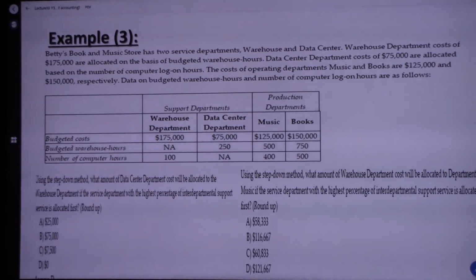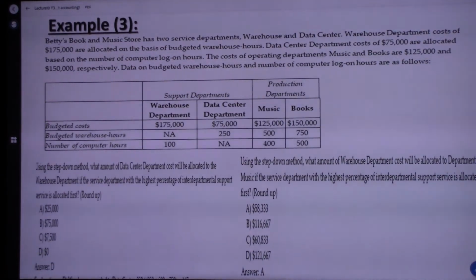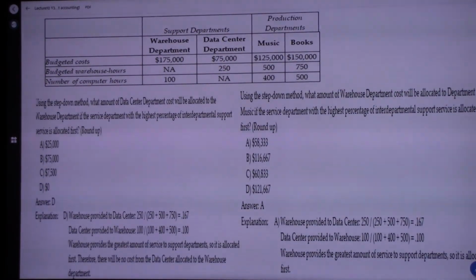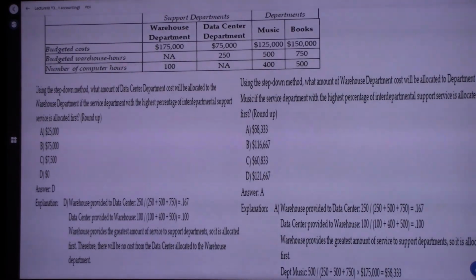In this example, I'm going to see which one of them has the highest allocation percentage, the warehouse or the data center. As we did in the previous example, I'm going to calculate the allocation percentage for the warehouse and data center.